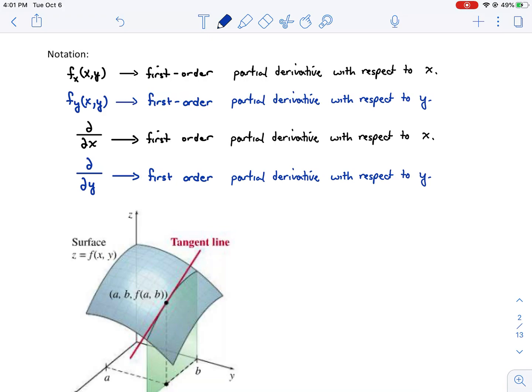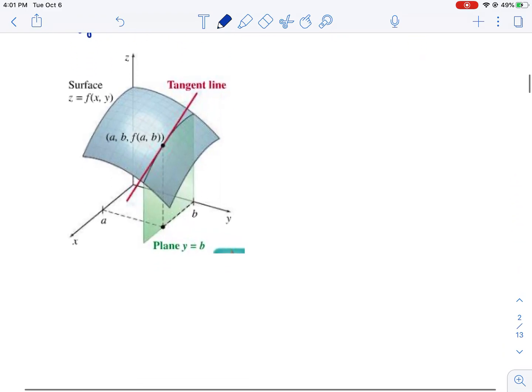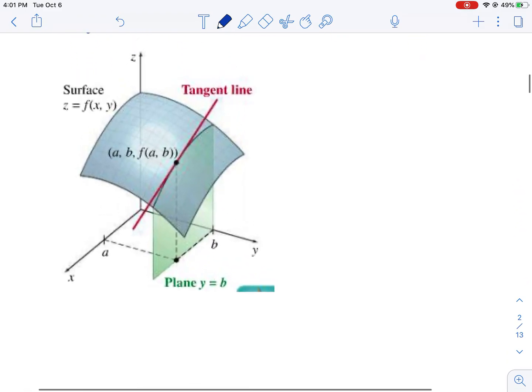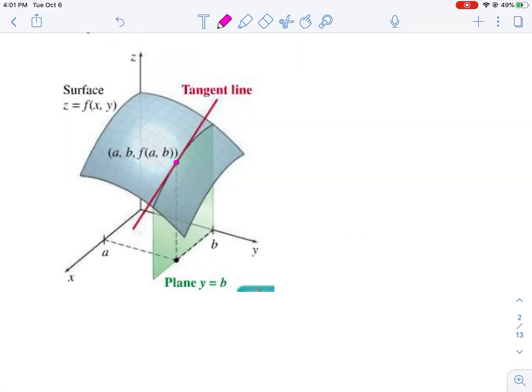All right, so what do derivatives do? Well, derivatives measure rates of change. Derivatives measure slopes of tangent lines. So here we have a surface, and there's a tangent line at the point (a, b, f(a, b)).